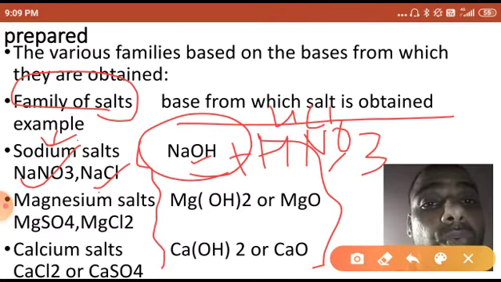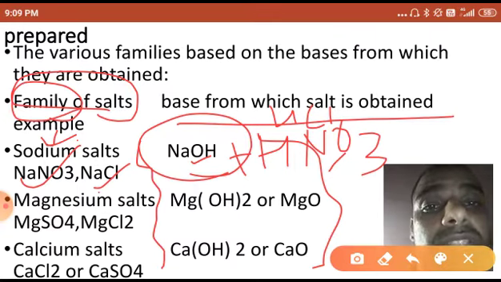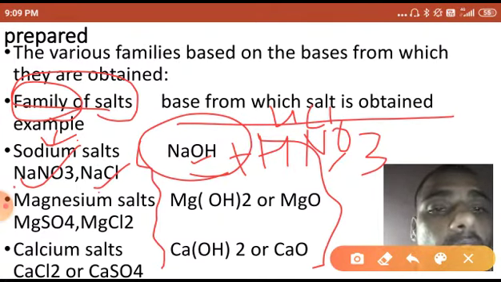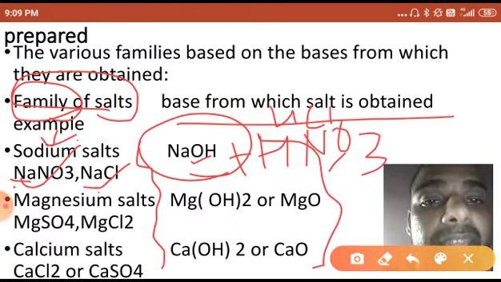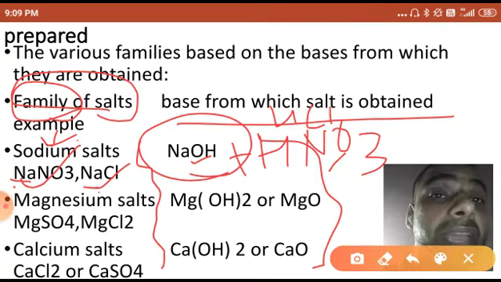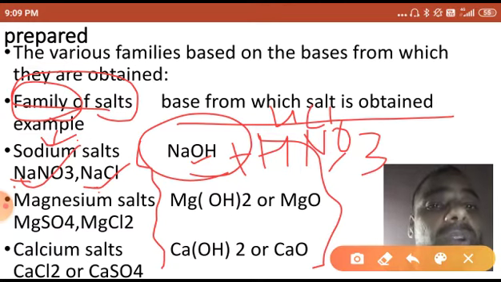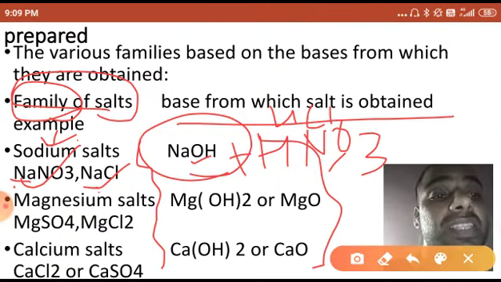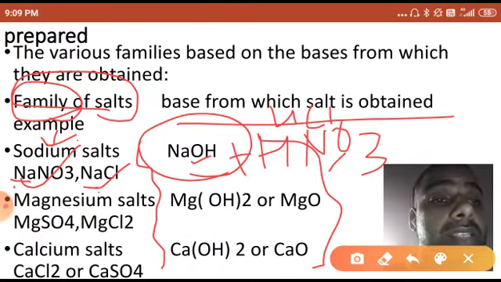What is the family of this salt? What is common in these two? Na. So this salt will belong to the sodium family. Whatever the common factor is, it belongs to that category. Hence we can say this belongs to the sodium salts.